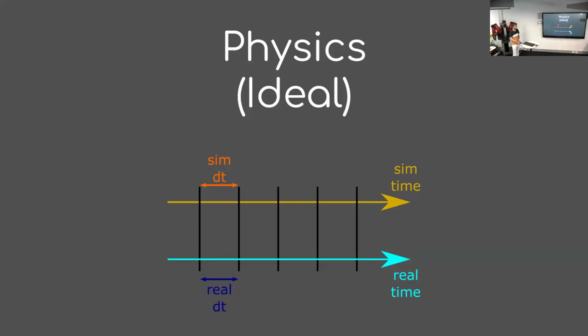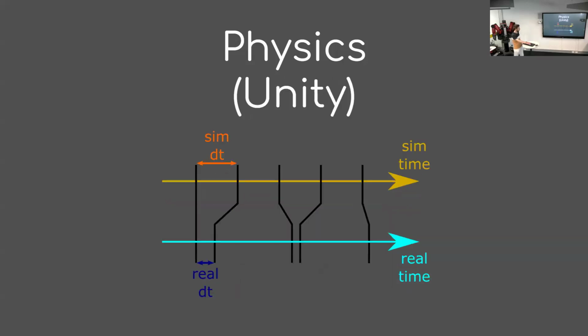If you want to run faster than real time, you might want one real time second to equal two simulated seconds.